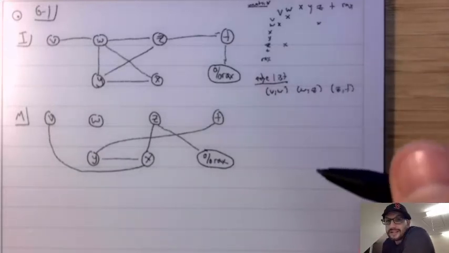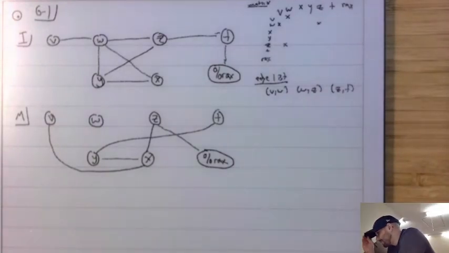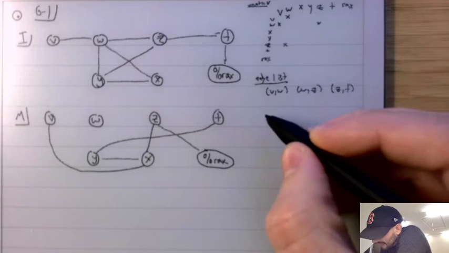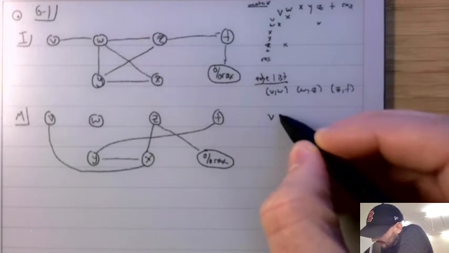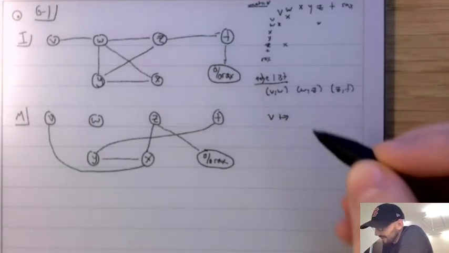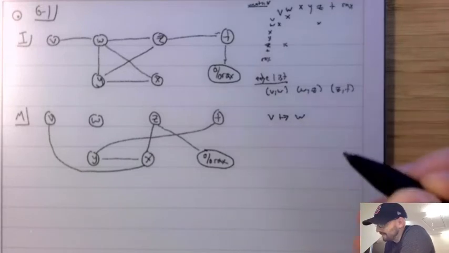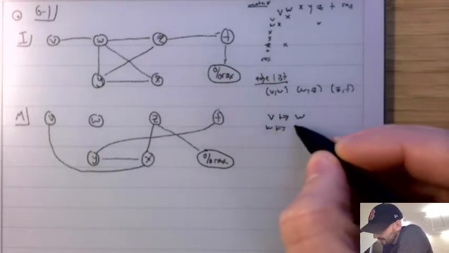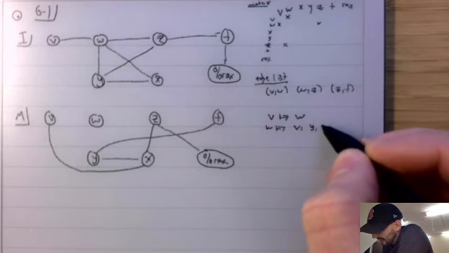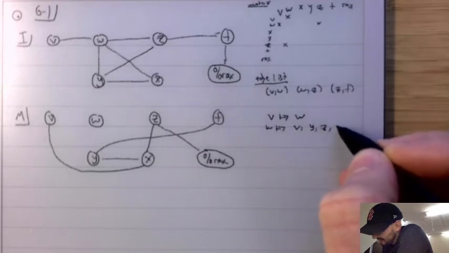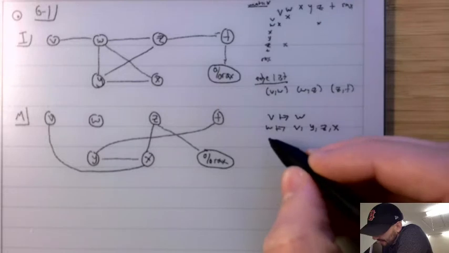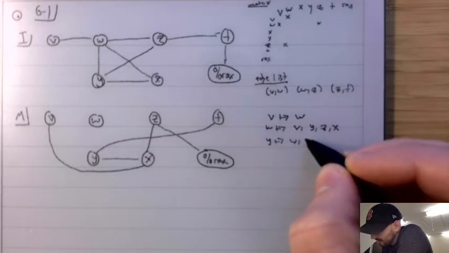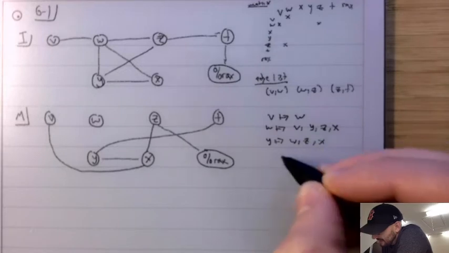Finally, the other way is the object and pointer version, where associated with V is a list of all its neighbors, which would be W. And then W would have a list of its neighbors, which would be V, Y, X, and Z. Then Y, we would list out its neighbors, which would be W, Z, and X, and then so on.